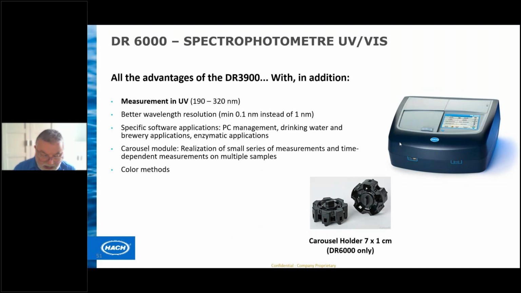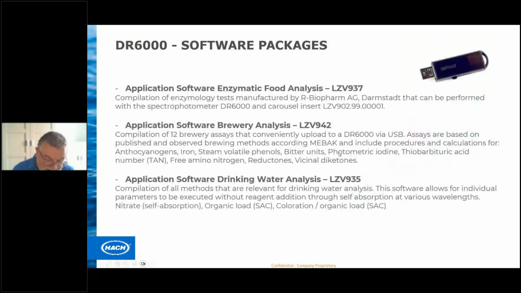It also has a small 7-position carousel for small series of automatic analysis and also allows the use of a flow cell. And the DR6000 offers as well optional application kits for very specific methods, as you can see on the screen.